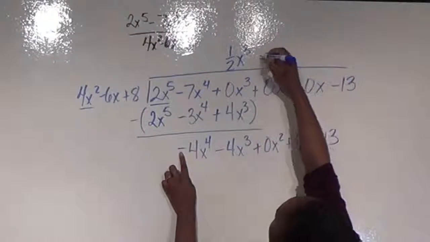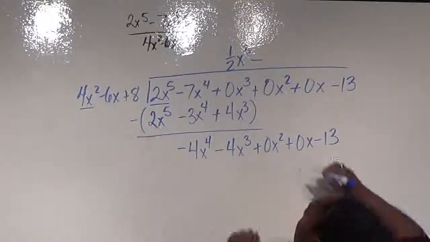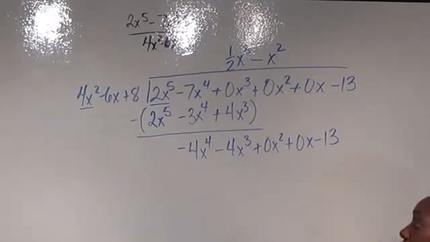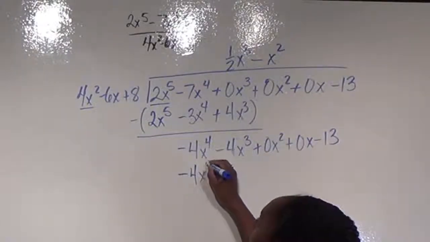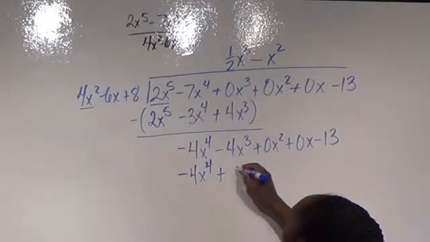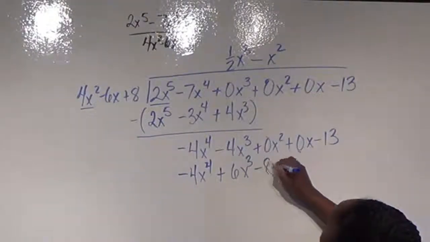Okay, I'm going to need a negative, and the 4's already match up, so I just need the x squared. Same thing, we'll multiply all the way through. So negative 4x to the fourth plus, so negative and negative, 6x cubed minus 8x squared.